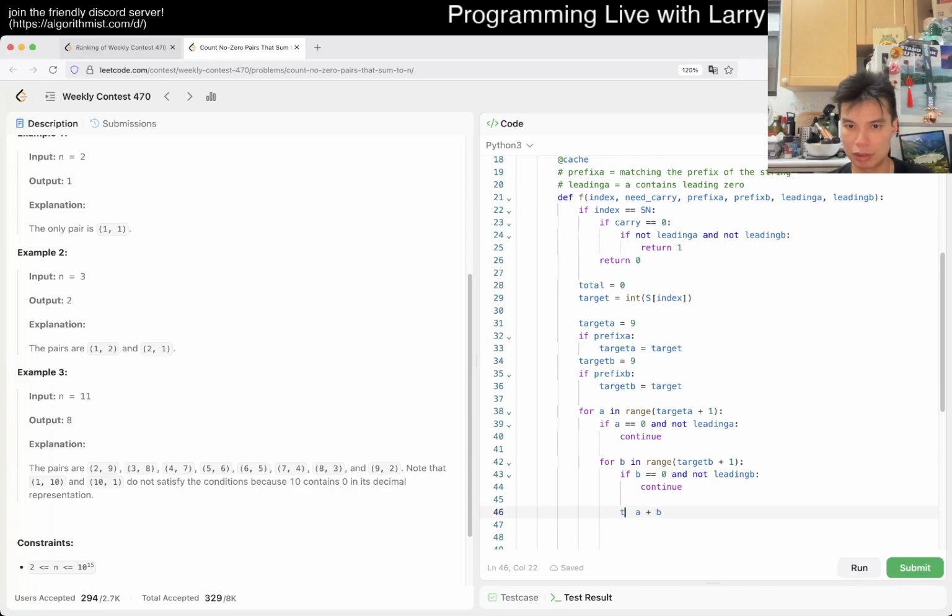So then now it is going to be target plus need carry times 10 is equal to A plus B. All right. Maybe it's just not my day. I'm not getting it.